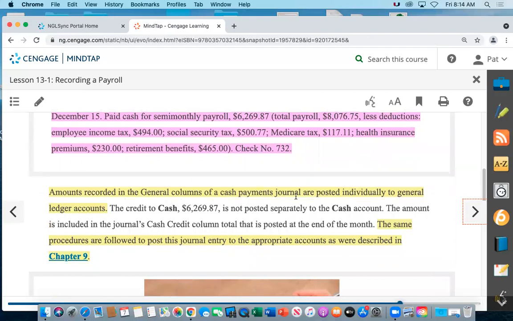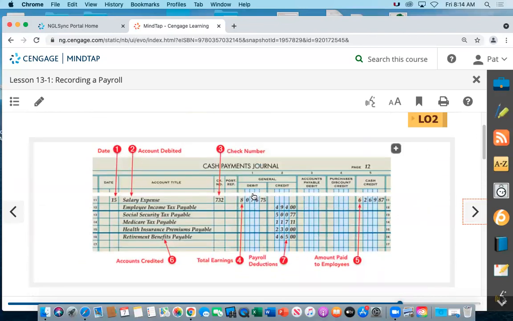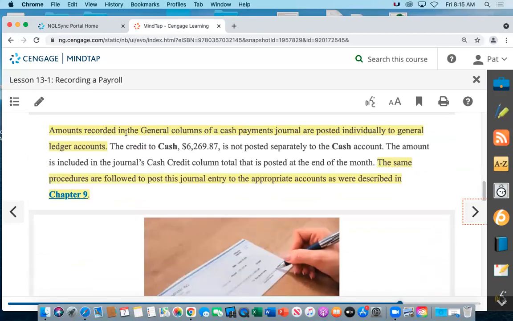Amounts recorded in the general columns of the cash payments journal are posted individually. So again, they start talking about posting a little bit, just as reminders. We will always post all of these. We will not post cash individually; we will post cash at the end. We're not posting today. They just give you that information.